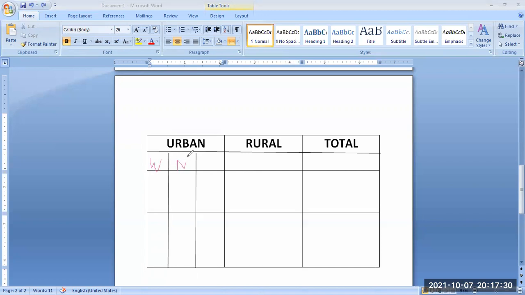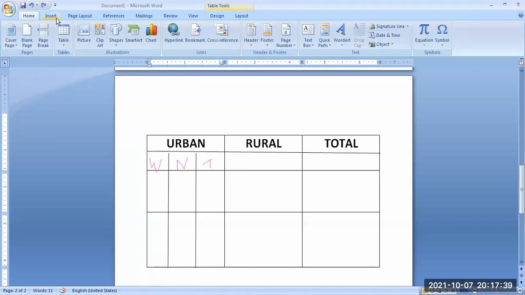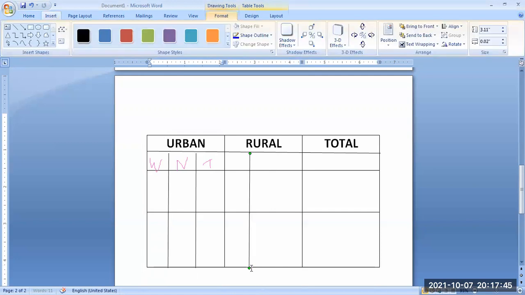This is non-workers. This is total of urban population. Next one I will again draw. This one again in rural population also like that.